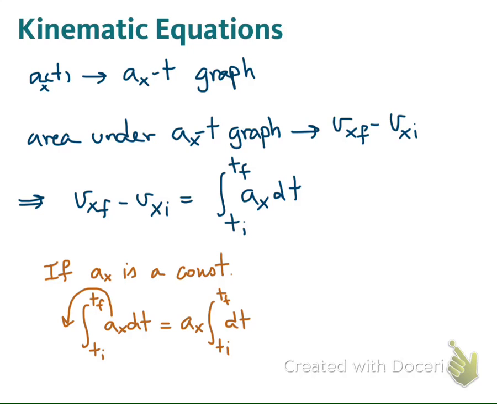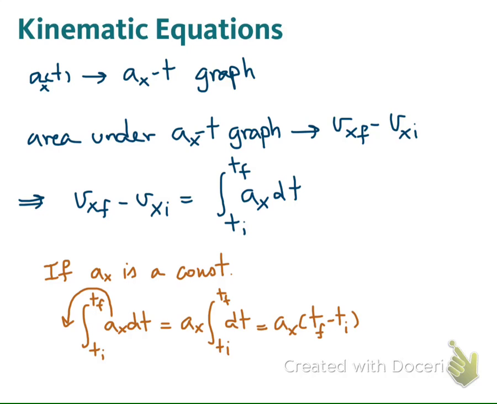And from calculus, if you go to the math textbook, this integral of dt from ti to tf is just equal to tf minus ti. So we multiply it by ax.